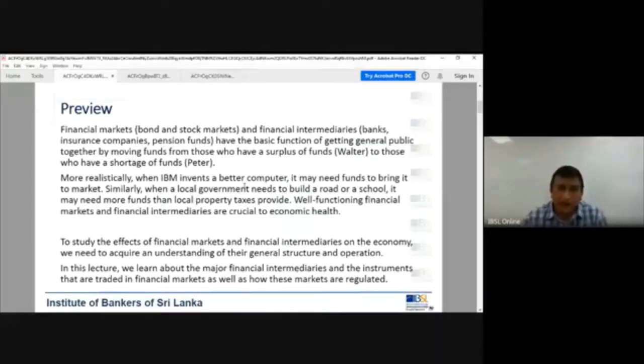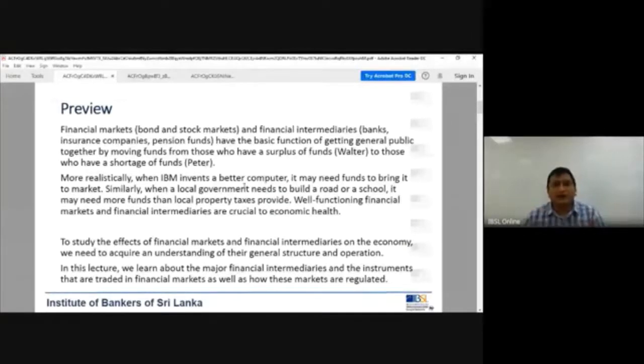We will see these agencies, and also we look at the basic function of getting the general public together through these markets and institutions, right? By moving funds from those entities who have a surplus of funds, for instance, I name one here, Walter, to those who have a shortage of funds like Peter. So Walter has a surplus, Peter has a deficit.